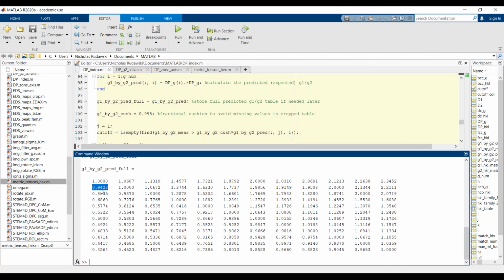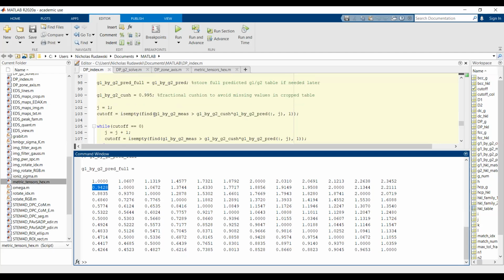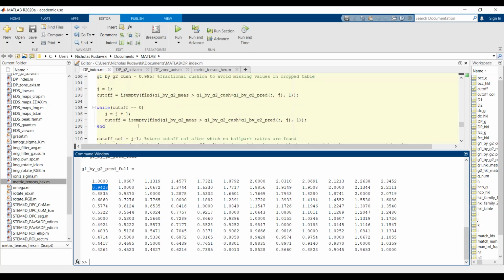So this is the hit right here. Find measured greater than the cushion. I might need to rework something to see if I can do the cutoff a little bit better.